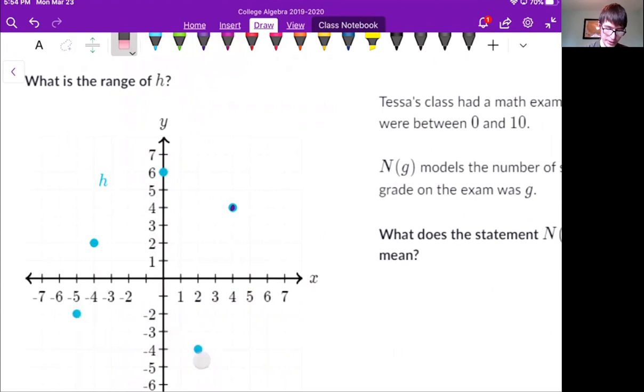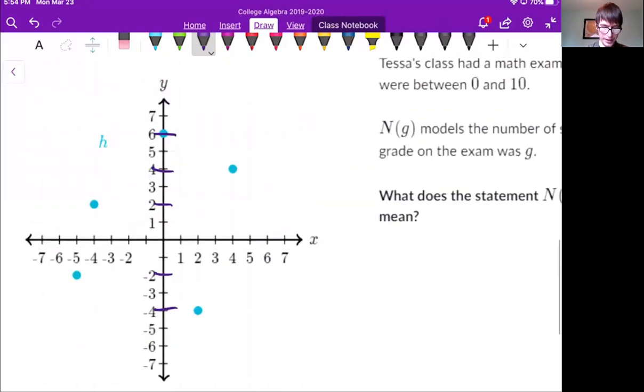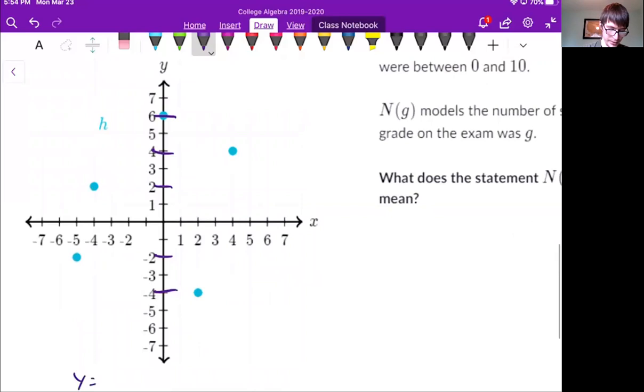The y values we can get out are these: -4, -2, 2, 4, and 6. Those are all of them, so we'll just write them all down. So y equals -4, -2, 2, 4, and 6. And that's our answer for that one.